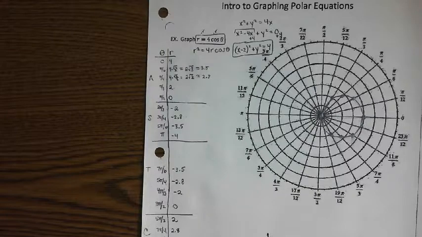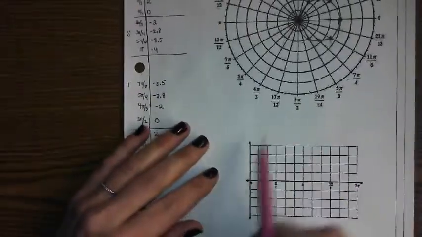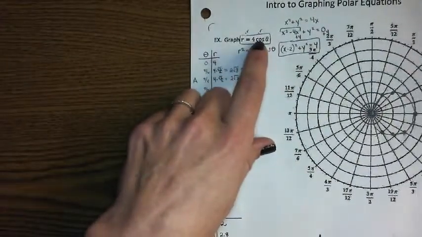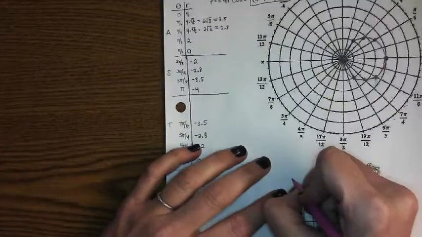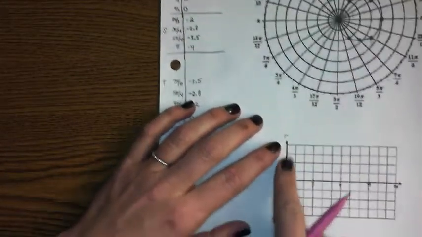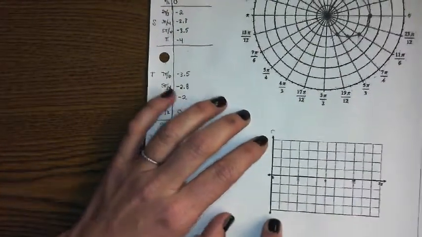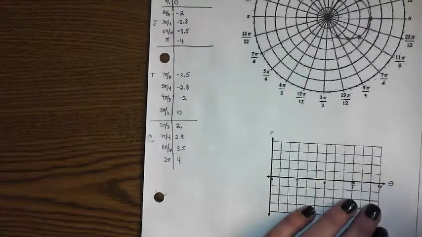Okay? So down at the bottom, I also have a two-dimensional, kind of more traditional rectangular graph. And what I'm going to do here is plot the equation for 4 cosine theta. So this is going to be like my r axis, and this is my theta axis still.